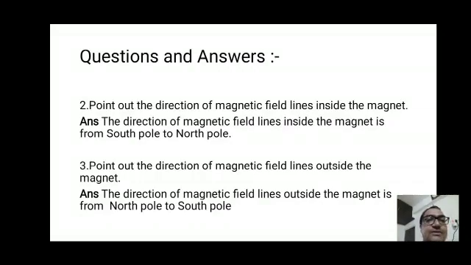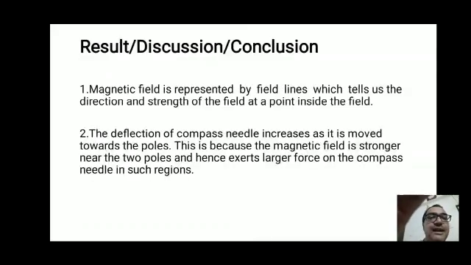And let's discuss the third question: point out the direction of magnetic field lines outside the magnet. It means outside the magnet, in which direction the magnetic field lines are moving. The answer is that the direction of the magnetic field lines outside the magnet is from the north pole to the south pole. Students, let's understand with the diagram.